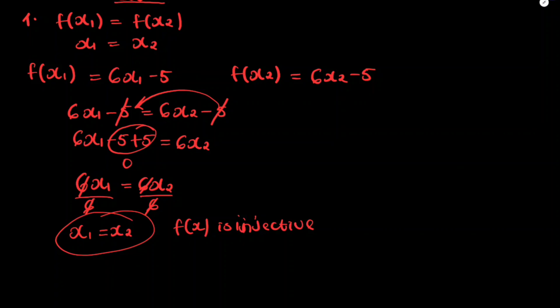Remember, only one-to-one functions have inverses, so let's not forget that only injective functions have inverses. We need to first know whether it is injective before we find its inverse.